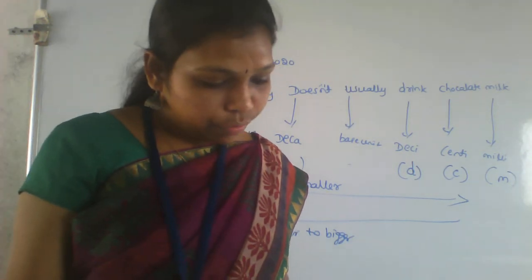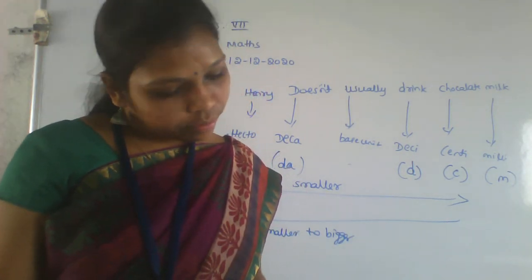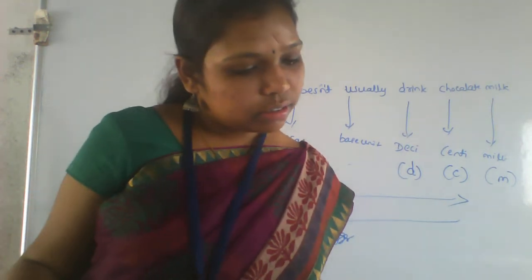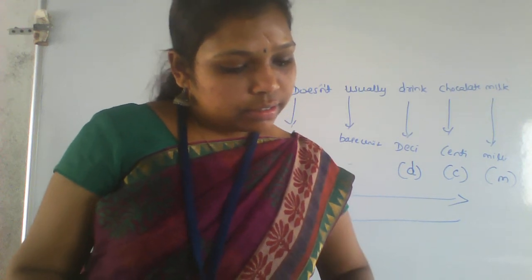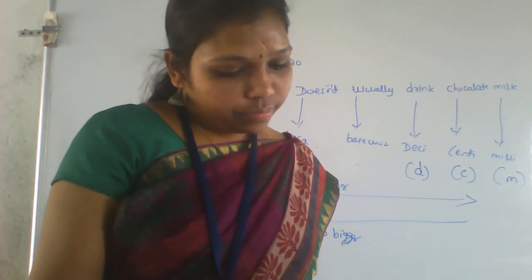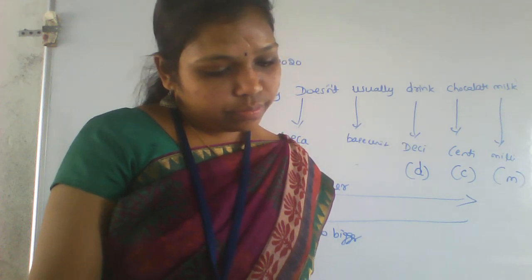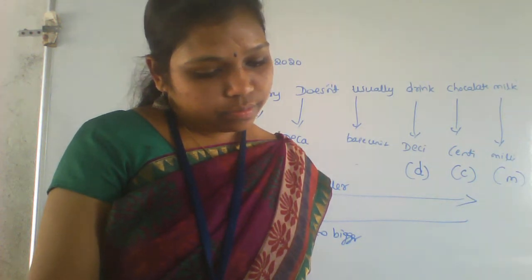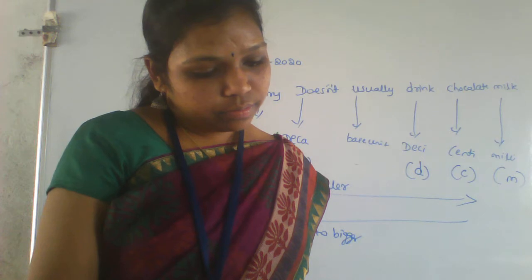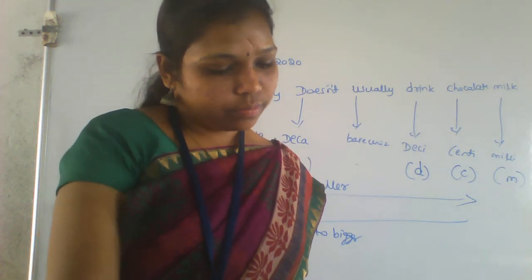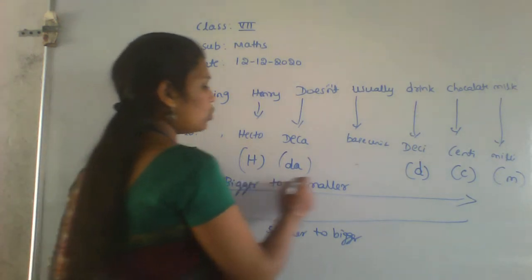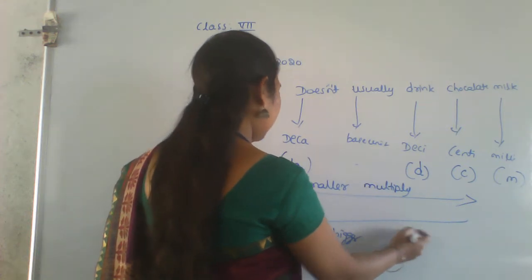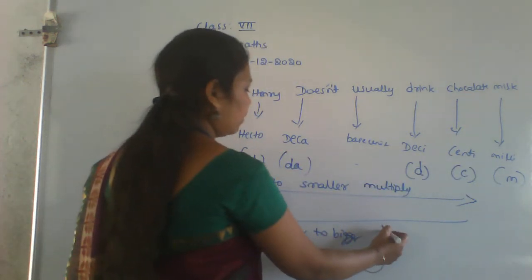Next, we'll go with the next one. See here, if we go on like this, then multiply. When you are converting, if you are coming from that side, do the division.